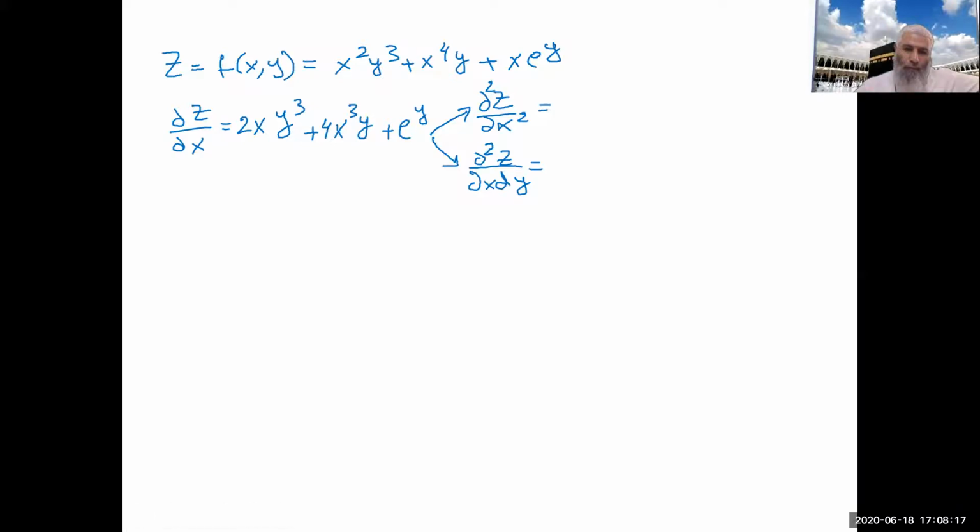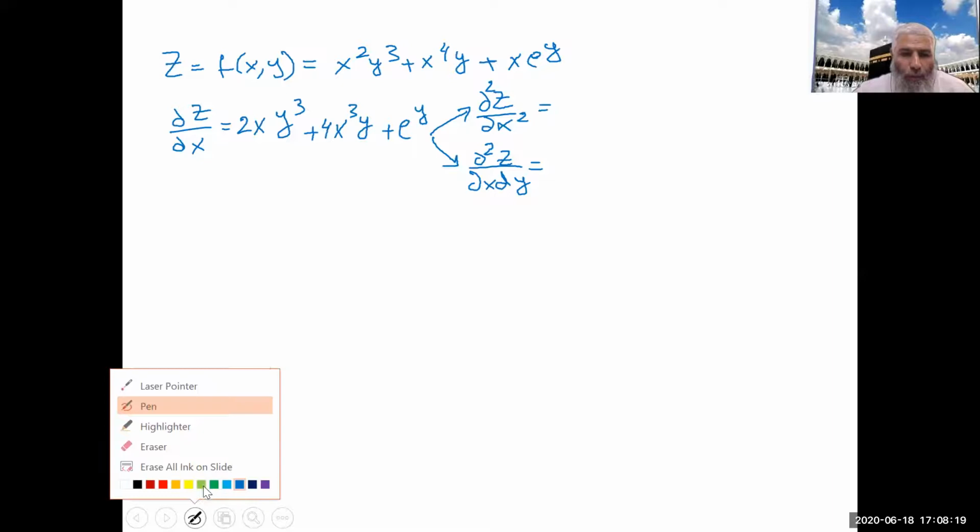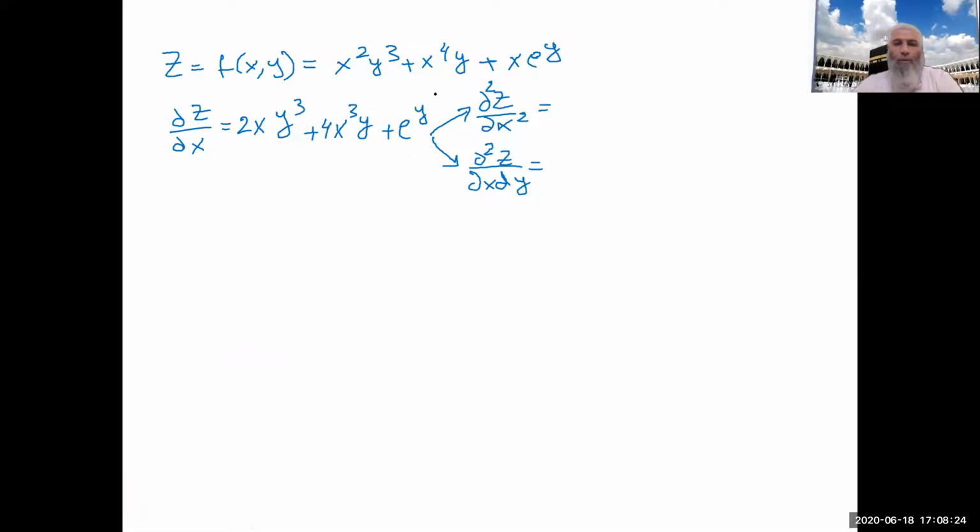What does it mean? This one, d squared z over dx dy, is a second derivative too. We have 4 second derivatives. What's the difference? How do they work? What are their roles?